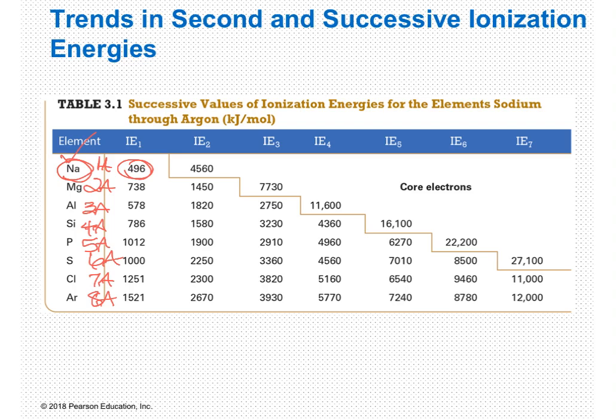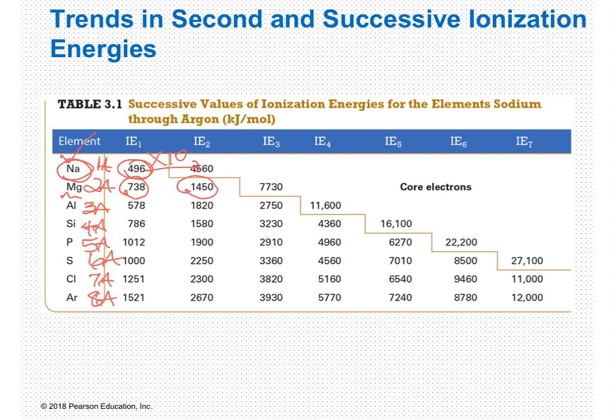Look what happens when you try to remove the second electron in sodium. Now you're down to the core electrons because there's only 1 valence electron in sodium. It increases by about a factor of 10. That's huge, as you'll see. Look at magnesium in group 2A. It has 2 valence electrons, okay? So about 700 kilojoules per mole, and roughly doubles to 1,500 kilojoules per mole, which you would expect.